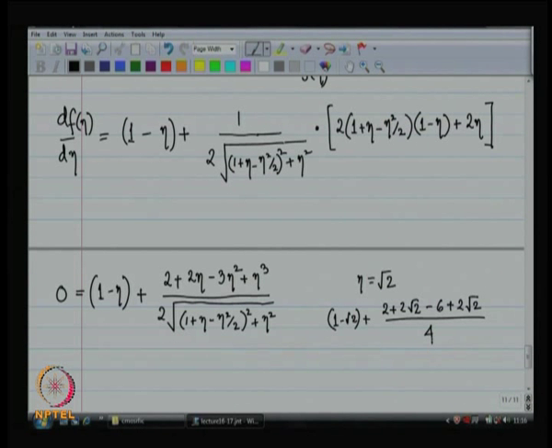2 times 2 is 4, and 2 root 2 plus 2 root 2 is 4 times root 2, and 2 minus 6 is minus 4.